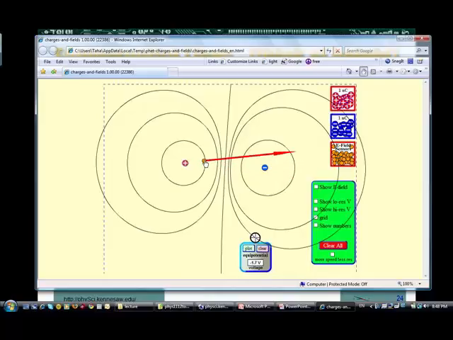And it is pointing away from the positive charge. But one thing that you notice, the electrical field is going to point downhill from the electrical potential.